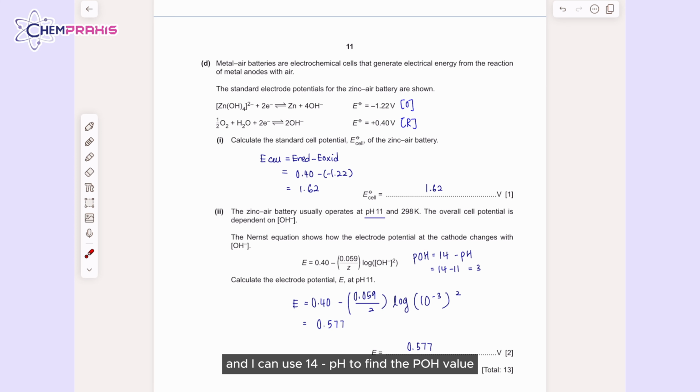I can use 14 minus pH to find the pOH value. After that, this pOH value can be converted into the concentration of OH minus. According to the formula, we have 2 electrons, so Z is equal to 2, and we can just substitute Z and the OH minus concentration in order to get the final answer.